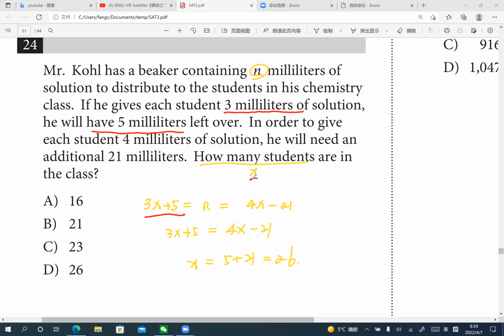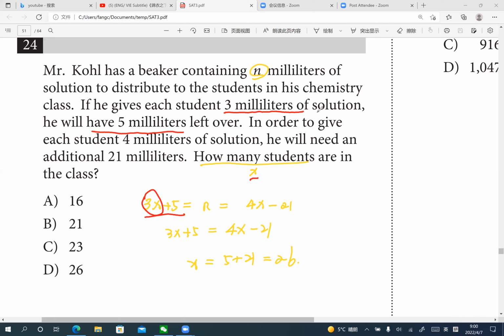So X students should be 3x milliliters, but there will also be 5 milliliters left over. So we need to add 5 to 3x and it equals the n milliliters.